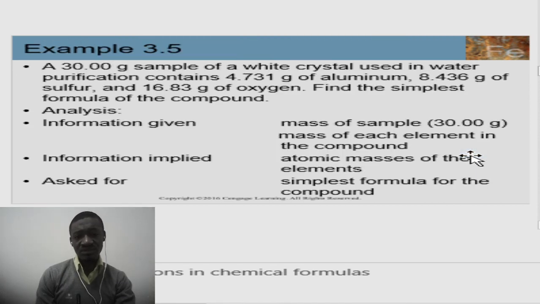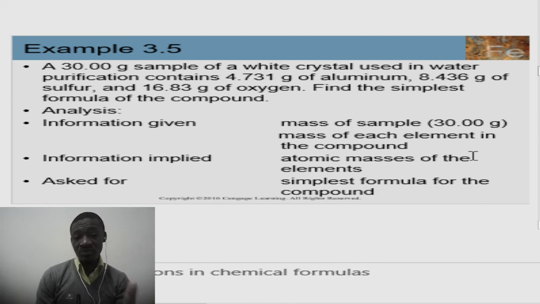So we have an example here, and this example involves a sample of white crystal. Notice that all the information given is important. If they say 30 grams of a sample of white crystal, it means that detail is important.